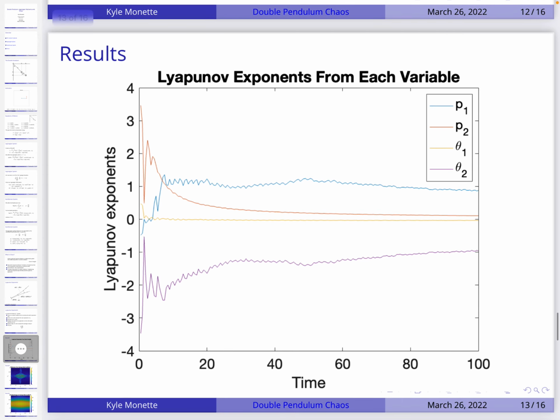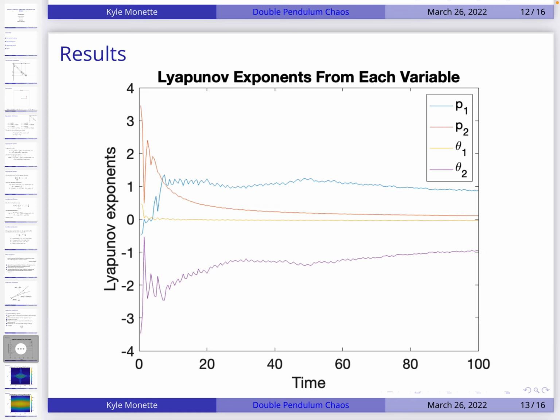And so what I looked at here is the Lyapunov exponent for each variable, because for an n-dimensional system, you have n Lyapunov exponents, and it's dependent on the initial condition. So when we think about chaos, we think about each variable, and we think about initial conditions.